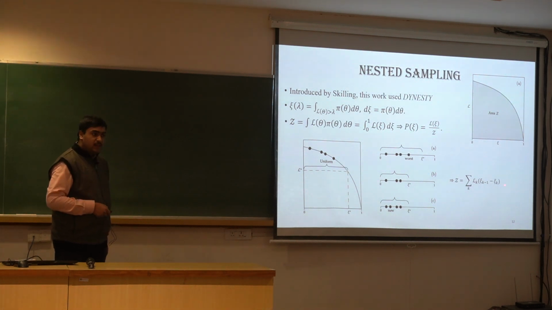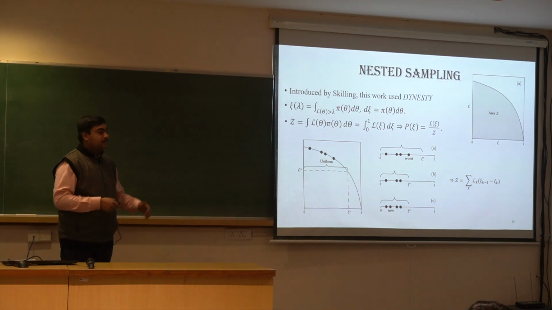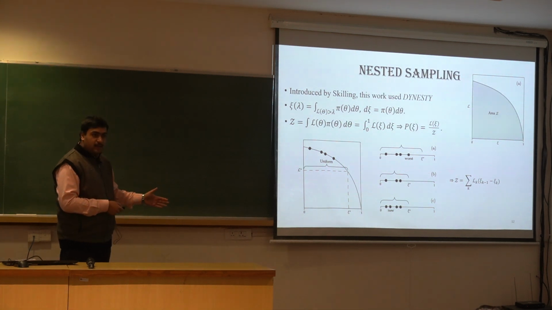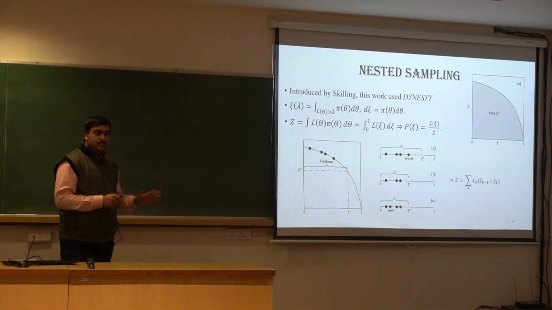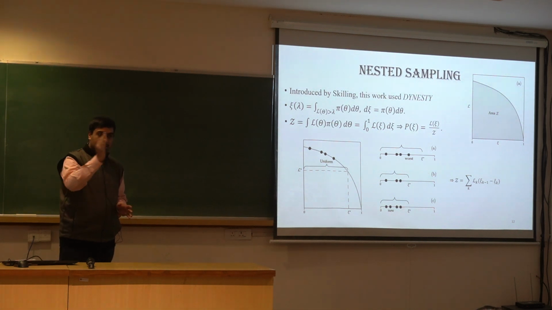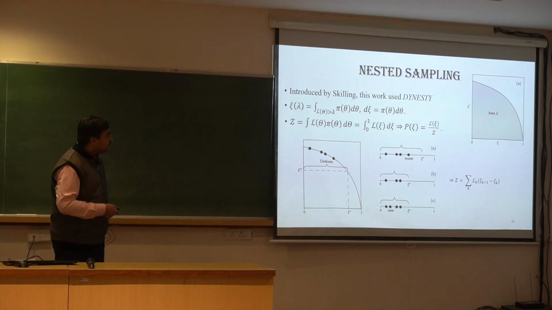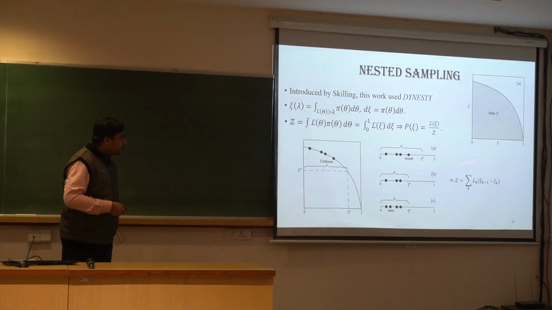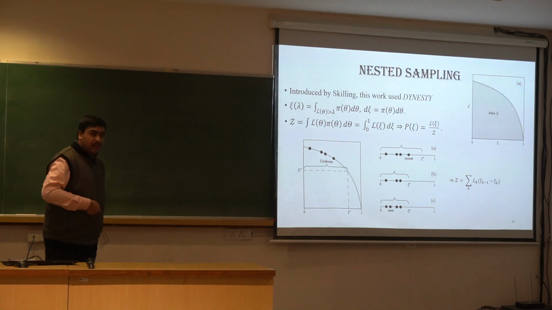If you have this kind of a curve, how do you calculate the area under it? The easiest way is to use the trapezoidal rule of integration. You construct blocks and then you just add, the usual integration that you see. To do it efficiently, what he said was, okay, my xi is from 0 to 1. I will sample n points on this axis randomly. Then I will say the point with the largest value of xi is xi star.